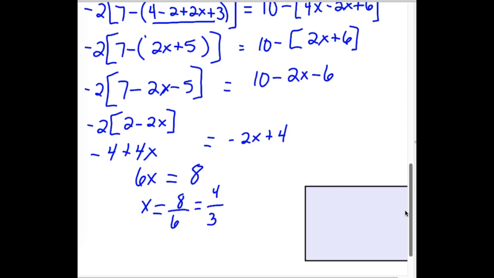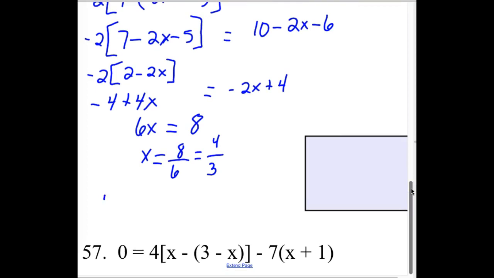What type of equation would this be? It is conditional because we got a solution. All right, so conditional equation, and the condition is x has to be 4/3. Okay?